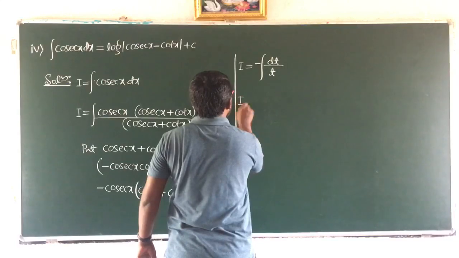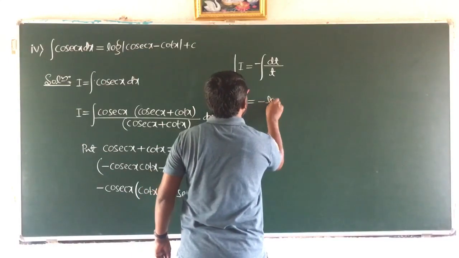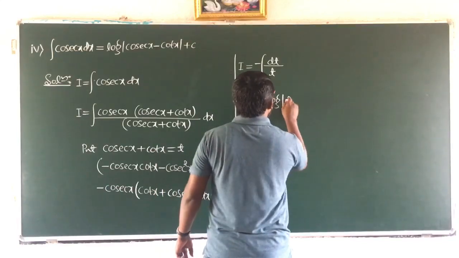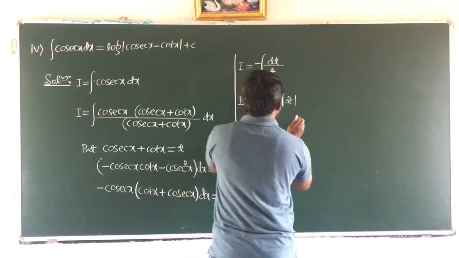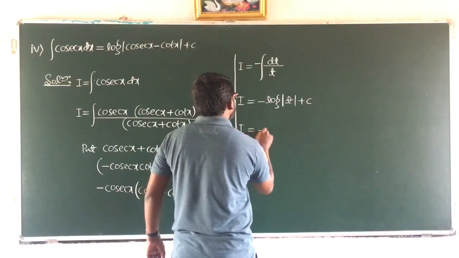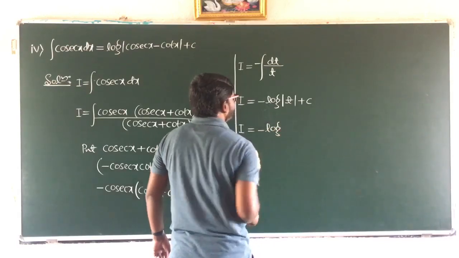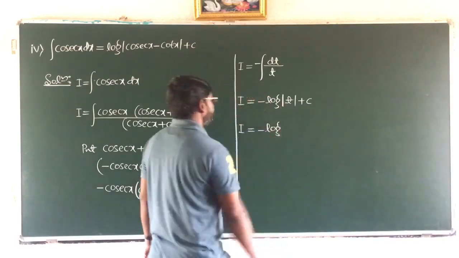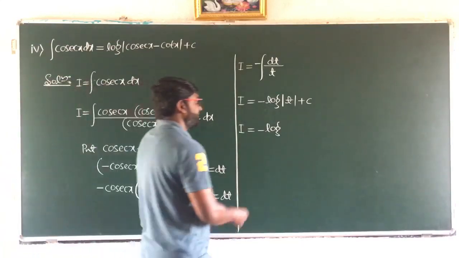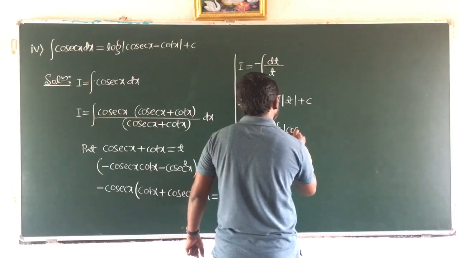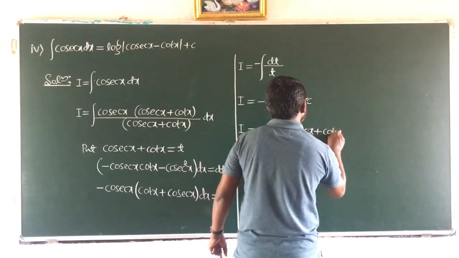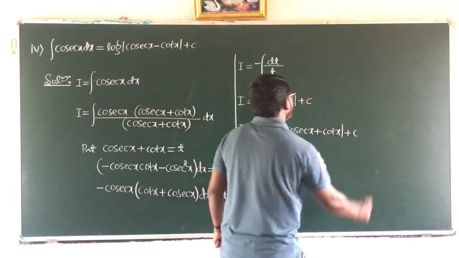I is equal to minus log mod t plus c. Now I is equal to minus log mod cosecant x plus cot x plus c, but this is not the answer.